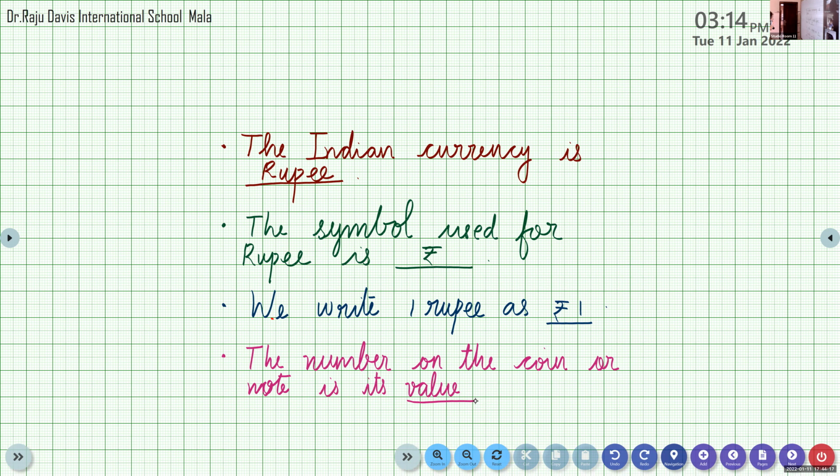VALUE. You can see the number on the coin or the note, so that number will tell its value.